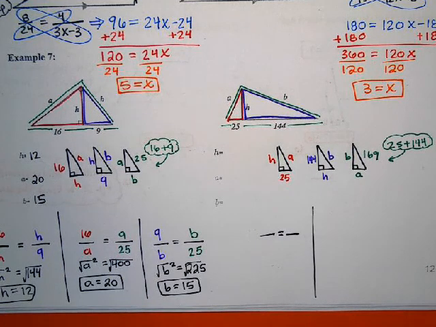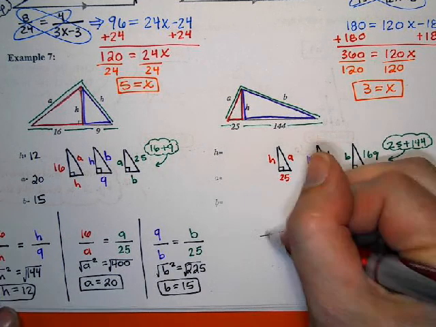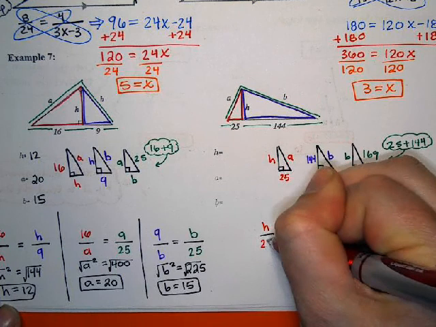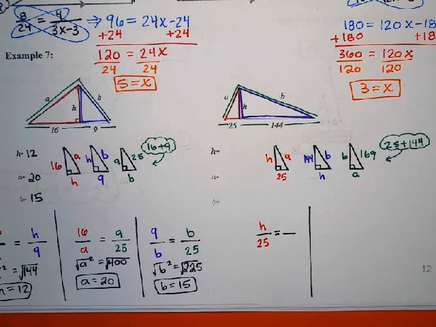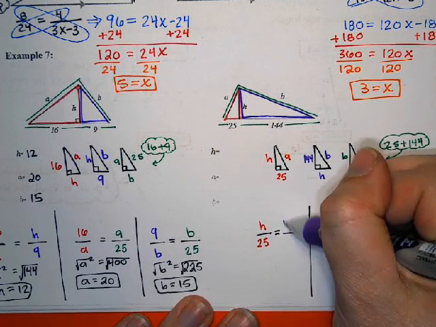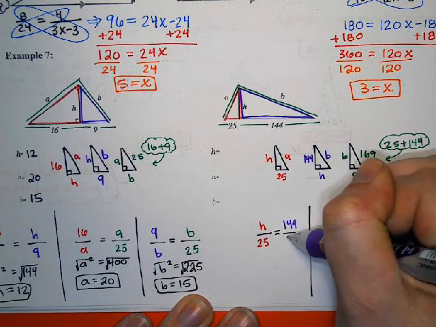Alright. What is the setup for H? Who can set up the H for the red triangle? What would you do? H over 25. Who can set the H up for the purple? Someone else.